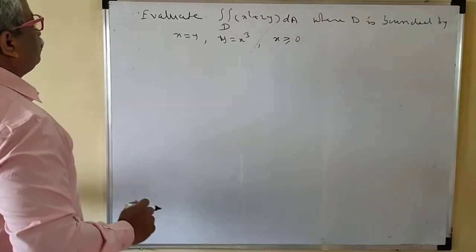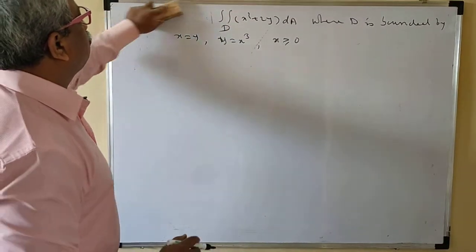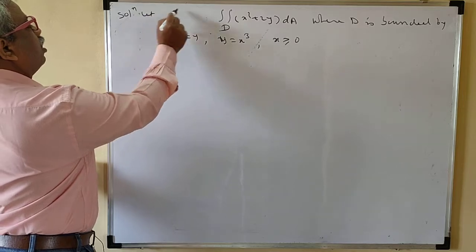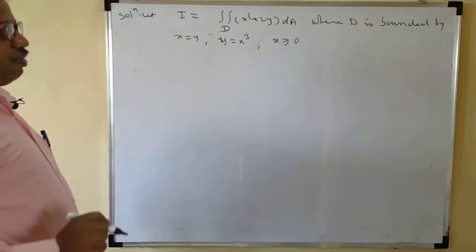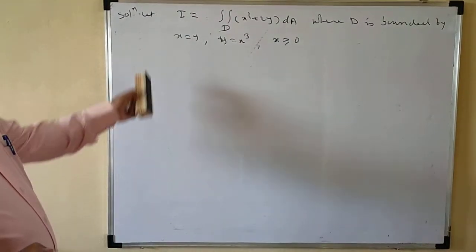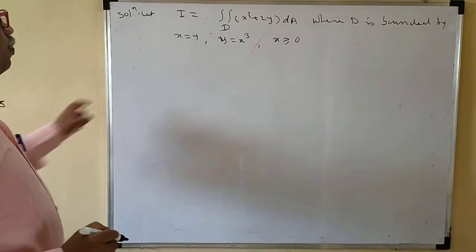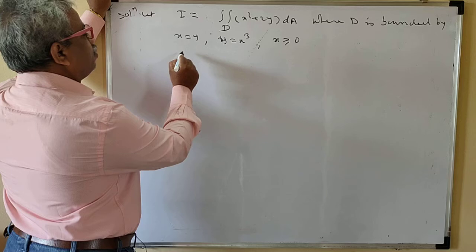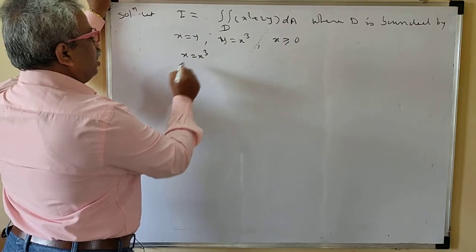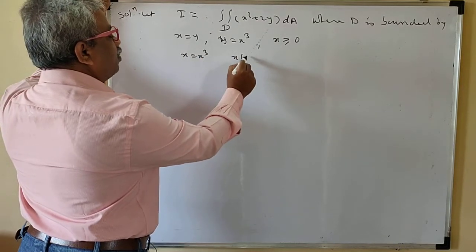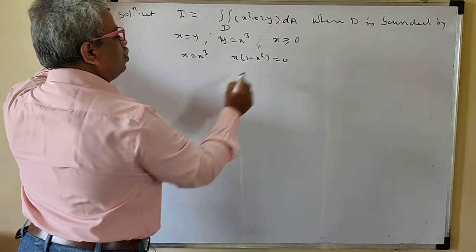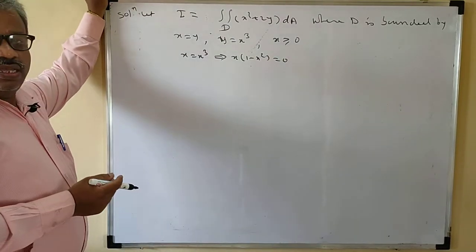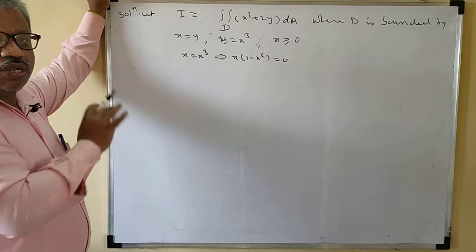Okay. Solution. Let I be equal to this, where D is bounded by x is equal to y and y equal to x cube. So first we will find the intersection of these. So y is equal to x, that means x is equal to x cube. So this is x times (1 minus x square) equal to 0. We have to solve this fast, because the solution is not important here.